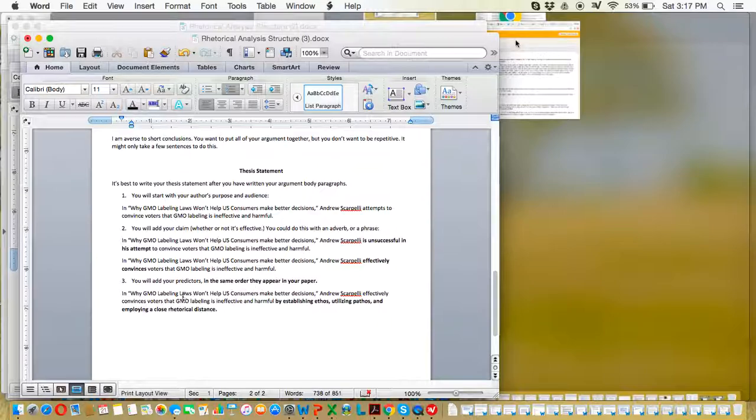So you have your topic sentence, and then you say "is ineffective and harmful by establishing ethos, utilizing pathos, and employing a close rhetorical distance." So now I know that the next paragraph, the first argument paragraph, is going to be on ethos. The second argument paragraph is going to be on pathos, and the last one's going to be on rhetorical distance. So this is how you put together a thesis statement.